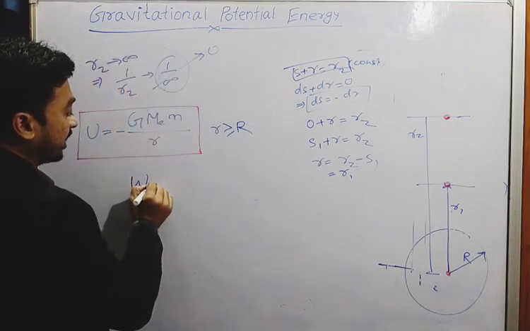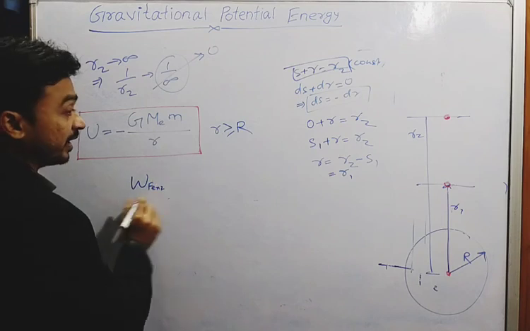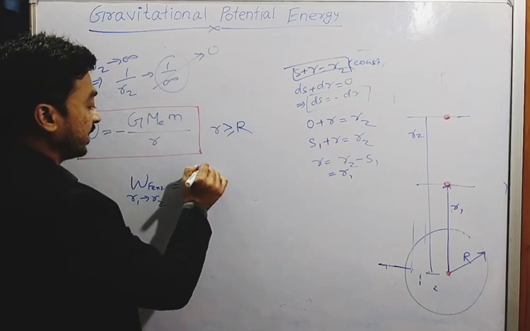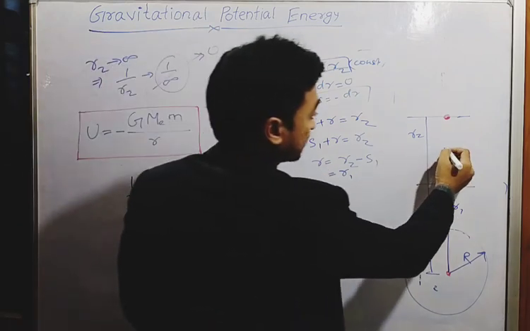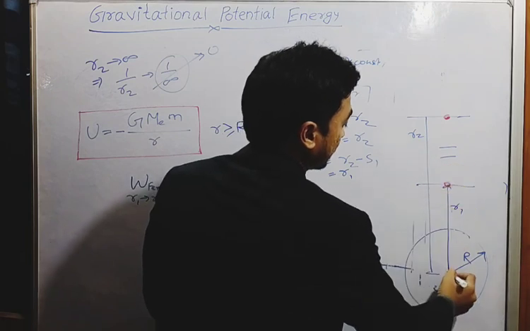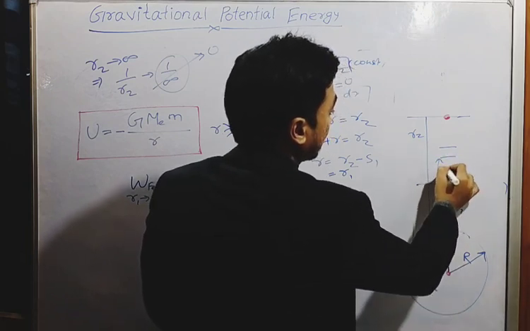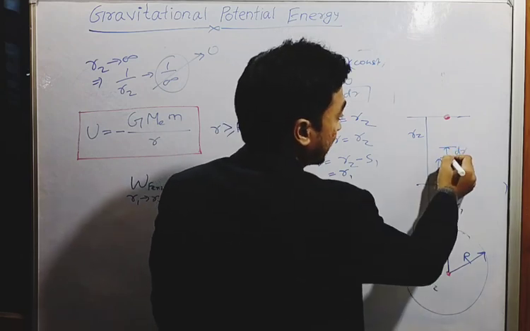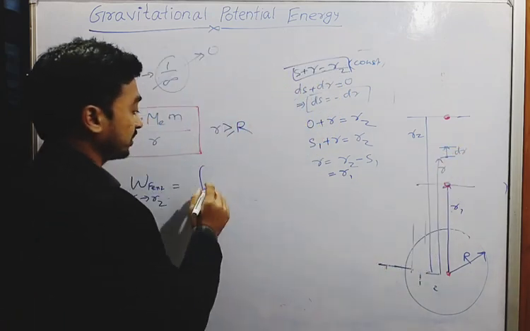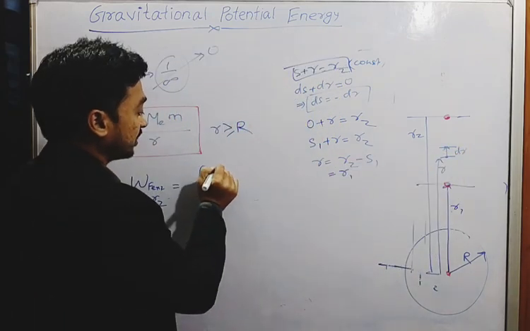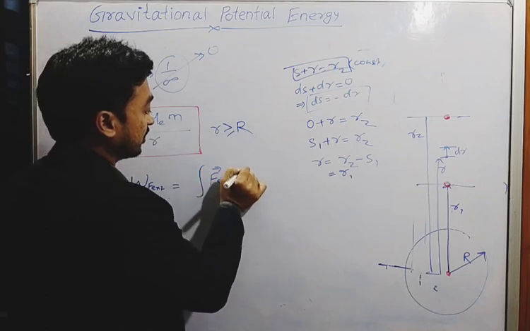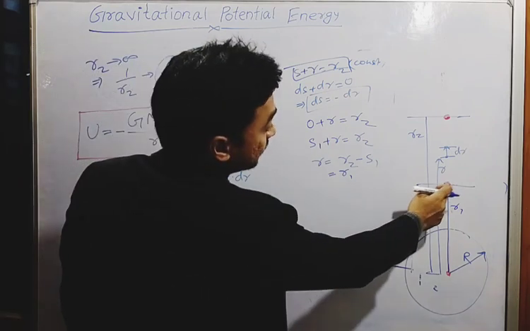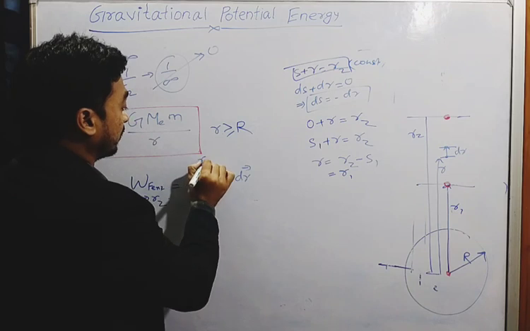work done by external force in moving the object from R1 to R2 is integration of small work done at any position R. There is a displacement dr, and work done for this infinitesimal displacement is F external dot dr, and we are interested in from R1 to R2.